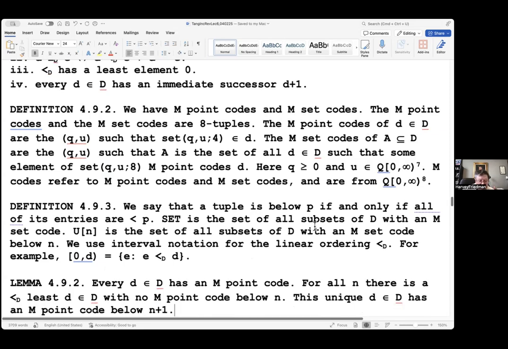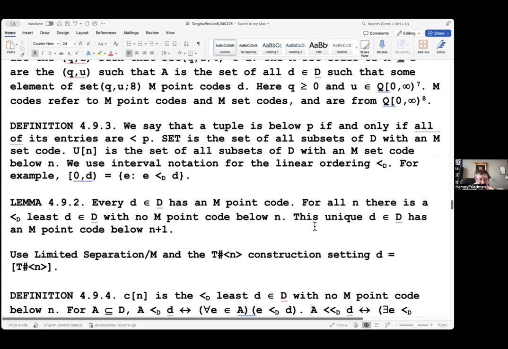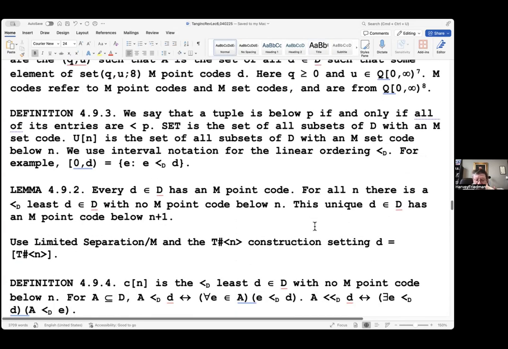Every D in D has an endpoint code. For all n, there is a less than D least D in D with no endpoint code below n. This unique D is an endpoint code below n plus 1.